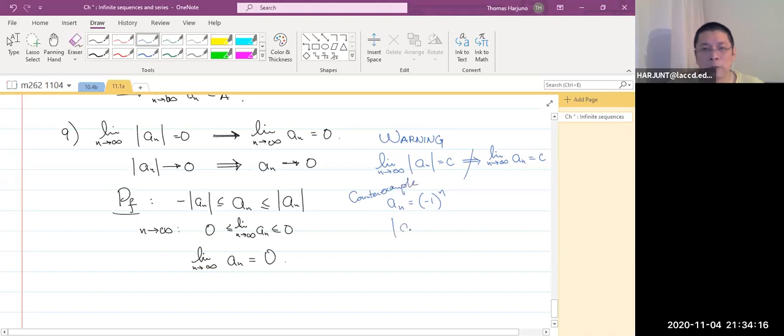Notice that the absolute value of a sub n equals 1, and the limit of the absolute value of the sequence is 1, but the limit of the sequence itself does not exist.